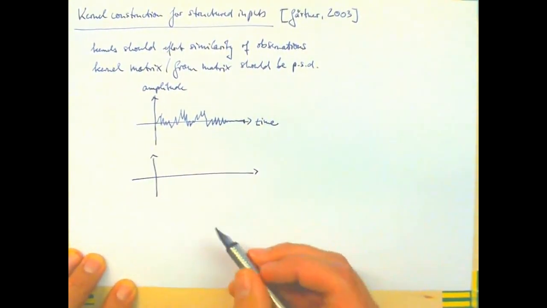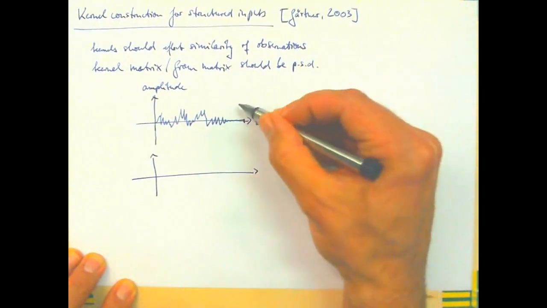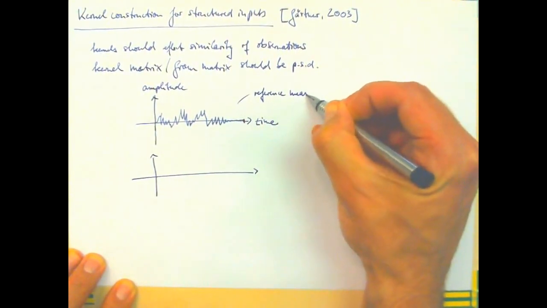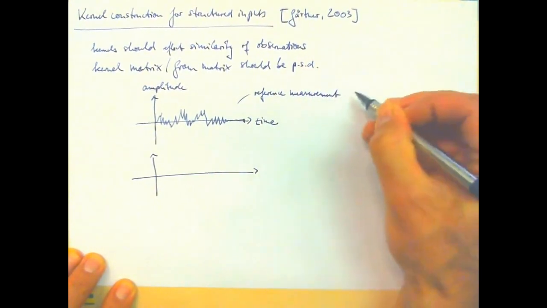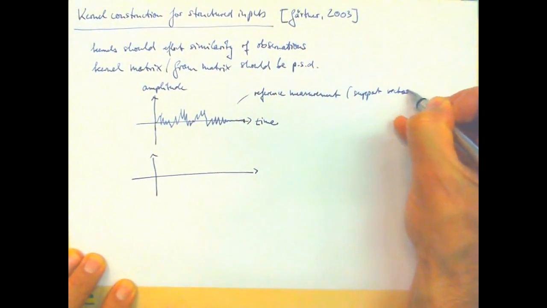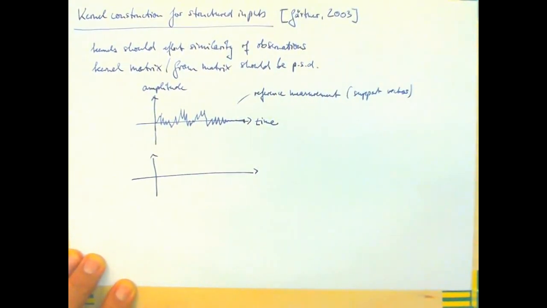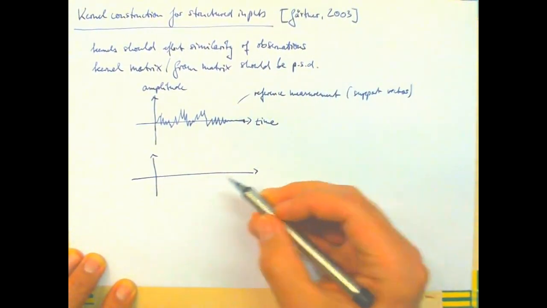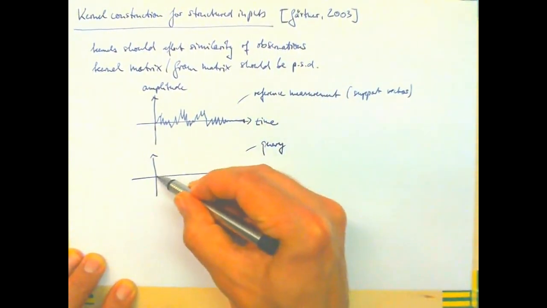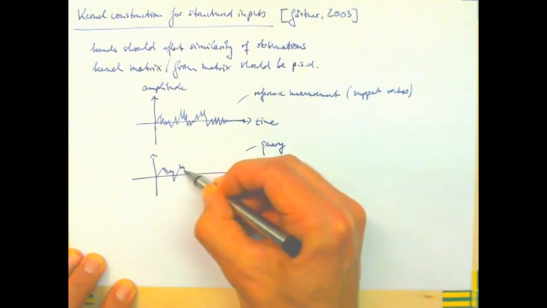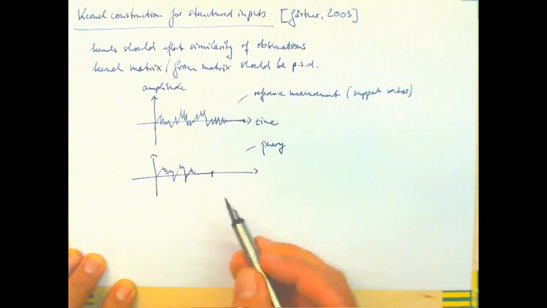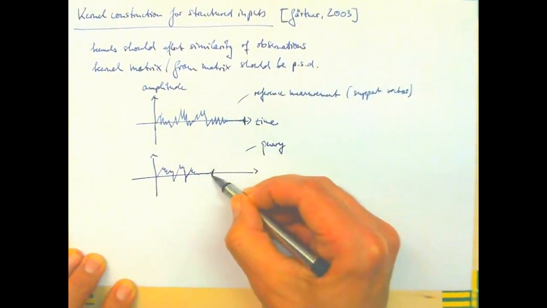Now let's assume that this would be a reference measurement, or in other words, a support vector for us. And let's now have a query. And let's assume that somebody did say 1, but he said it much faster. So my signal ends already here, whereas the original signal extended up to there.